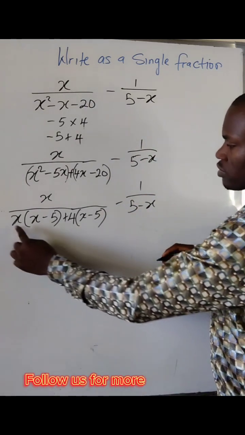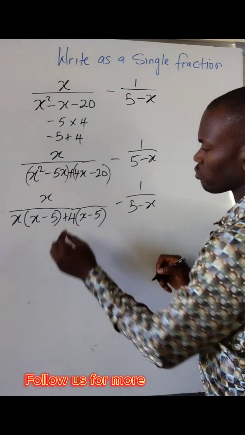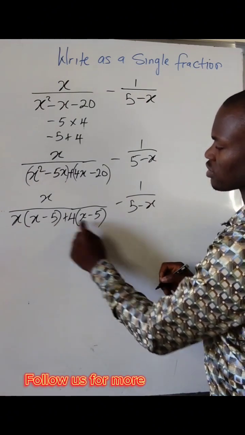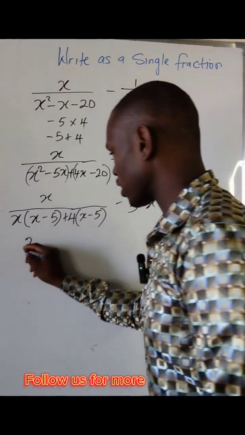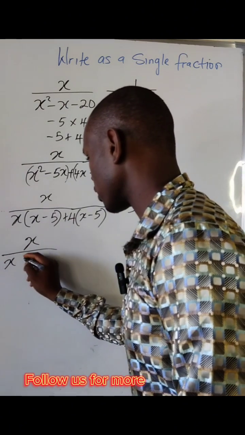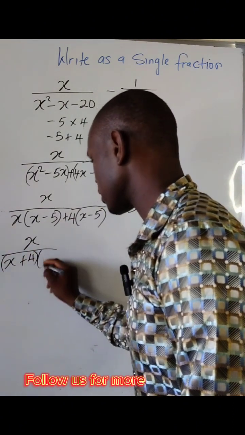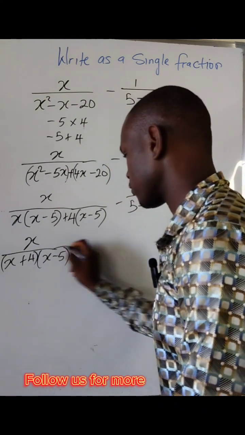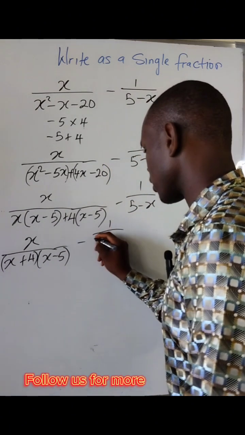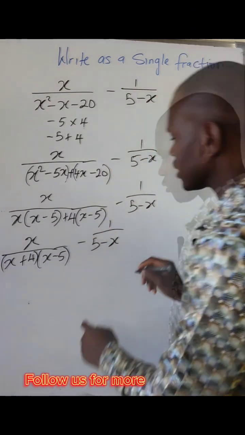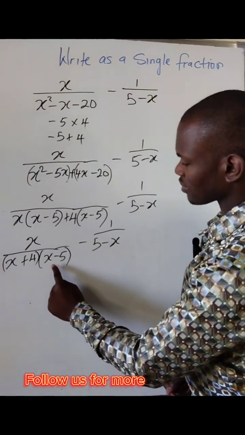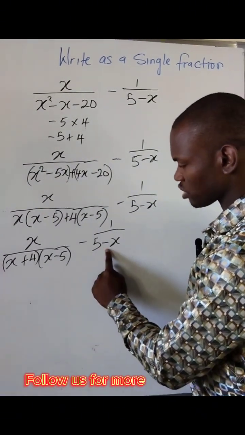Now that I've factorized, let's group the ones outside in one bracket and pick one bracket since this and this are the same. So we have x over x plus 4 times x minus 5, minus 1 over 5 minus x. So at this point, you discover that this and this have a little similarity.